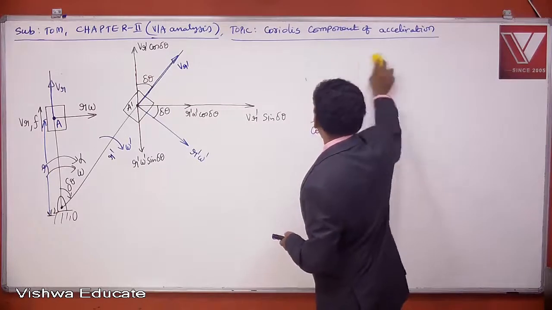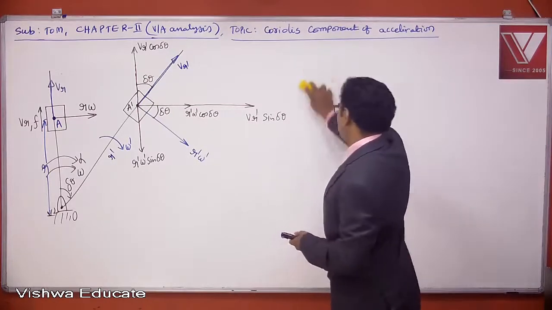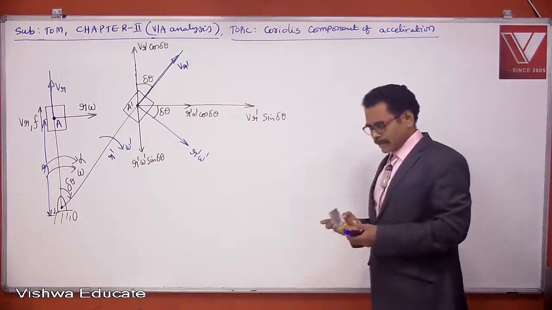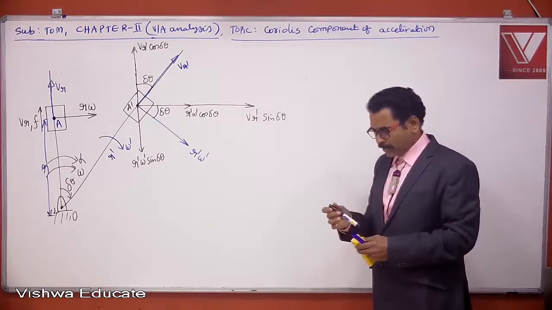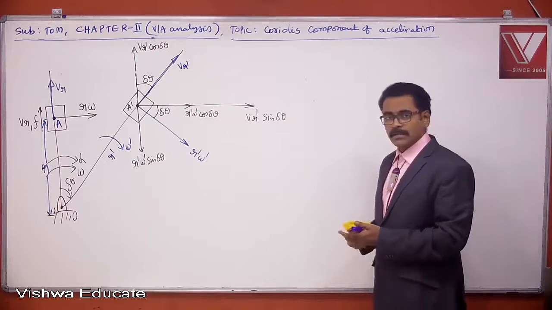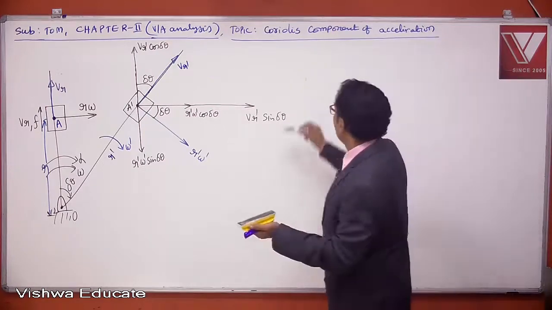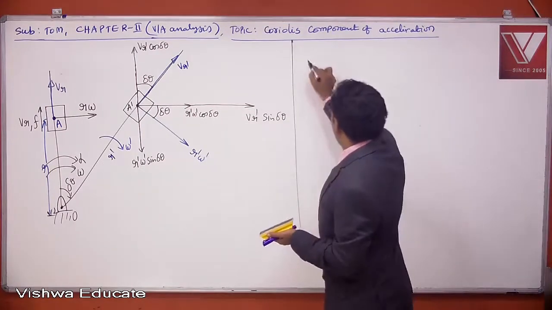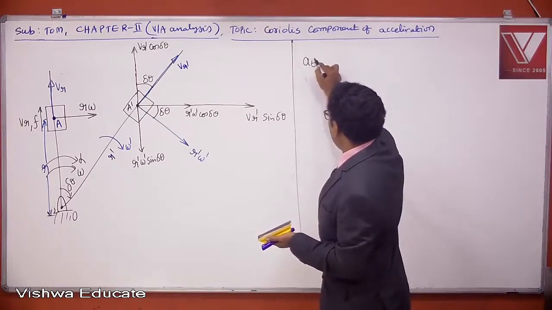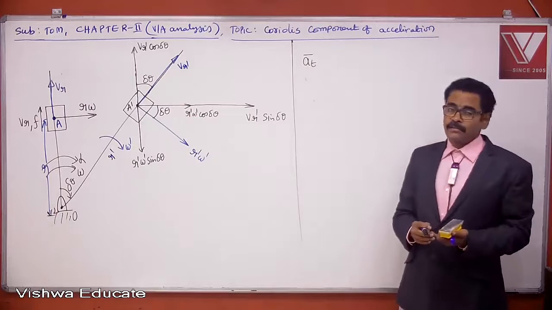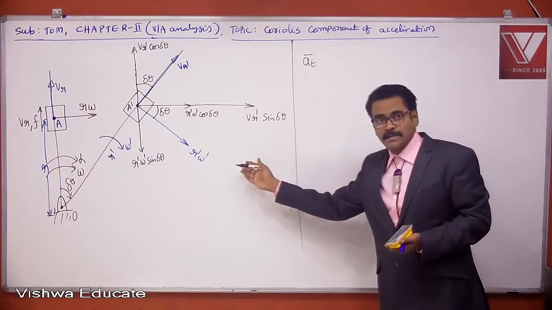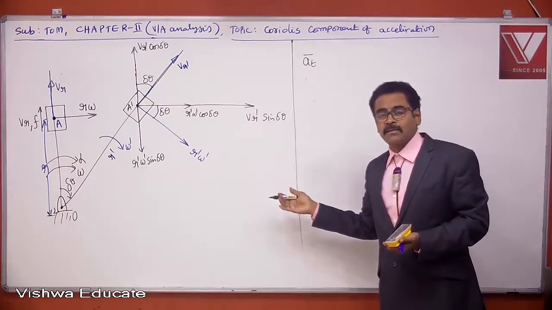Write down, total tangential acceleration. I refer to this as AT bar. AT bar means total tangential acceleration. In this case, an extra tangential acceleration will come.